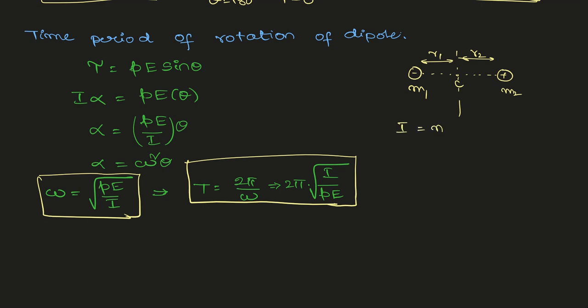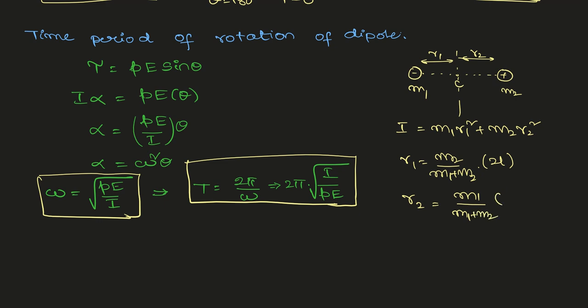The moment of inertia will be M1 R1 square plus M2 R2 square, where R1 will be equal to M2 by M1 plus M2 into the distance between the two charges, and R2 will be equal to M1 by M1 plus M2 into the distance between the two charges.